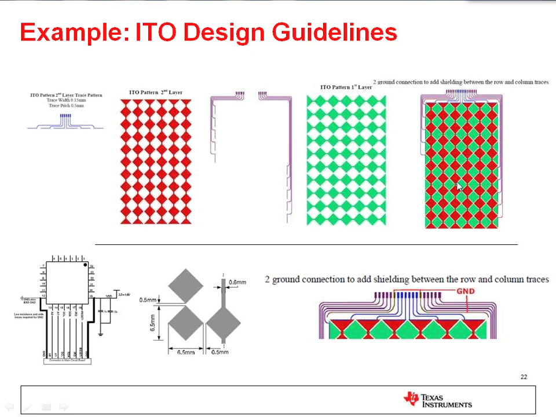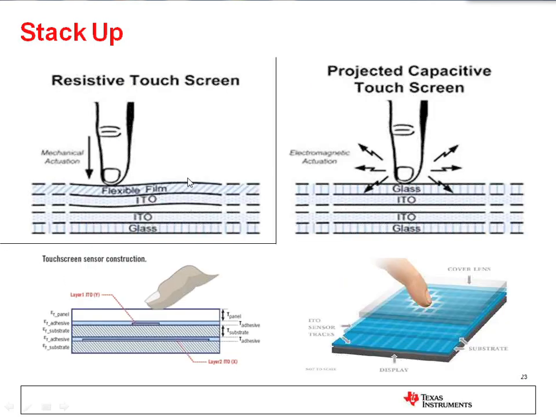So this is where you get 50% difference of resistive versus capacitive. This causes the difference in the clarity of the screen itself. Here we just show you stack up next to stack up, right? You have glass, ITO, etc., and then you have the flexible film for your ITO for resistive versus projected capacitive.